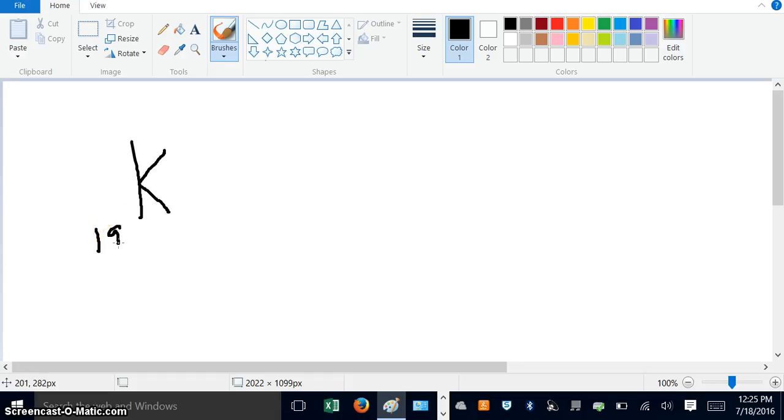Again, you'll sometimes just see the K by itself, without the subscript 19. Let's say we had potassium-39, which is nice and stable potassium, and we wanted to know the number of neutrons. The number of neutrons is going to equal the mass number, which is 39 in this particular case, minus 19. That's how you figure out the number of neutrons.